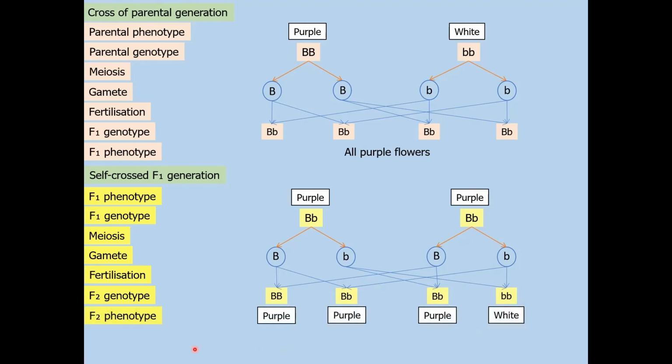Okay, so the phenotype is purple, purple, purple, and then this is white. Okay, the ratio of F2 generations is 3:1, and then the ratio of genotype is 1:2:1. 1 is homozygous dominant, 2 are heterozygous dominant, 1 is homozygous recessive.